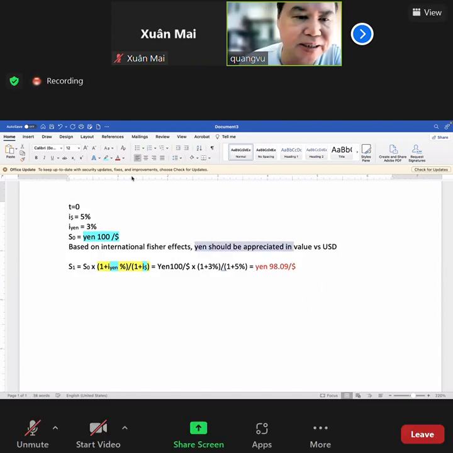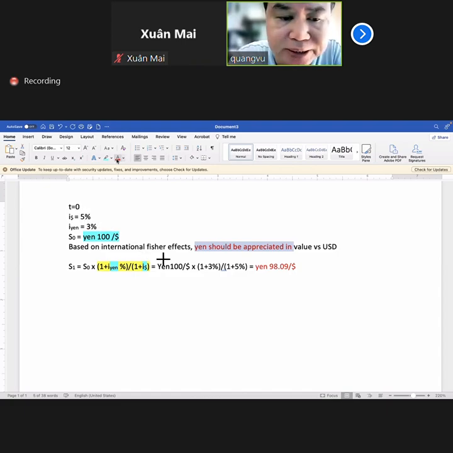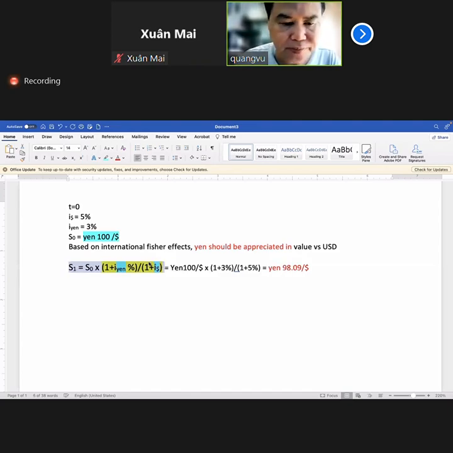So done. Now I'm hoping you understand the technique of how to predict the future spot rate using the difference in nominal interest rate between the two countries. Make sure you understand this formula.